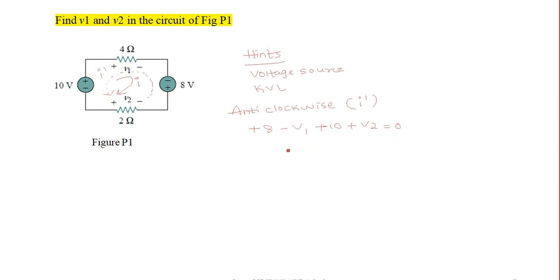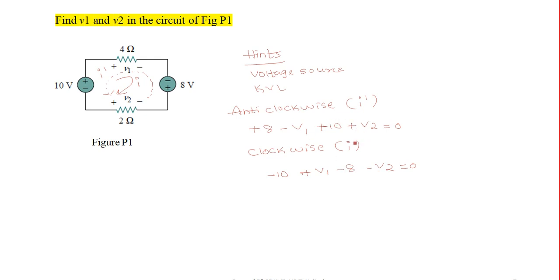The same thing if you write in a clockwise way, considering the current as I, you will see that the equations remain the same. I can start from this source: minus 10 plus V1 minus 8 and minus V2 equal to 0.